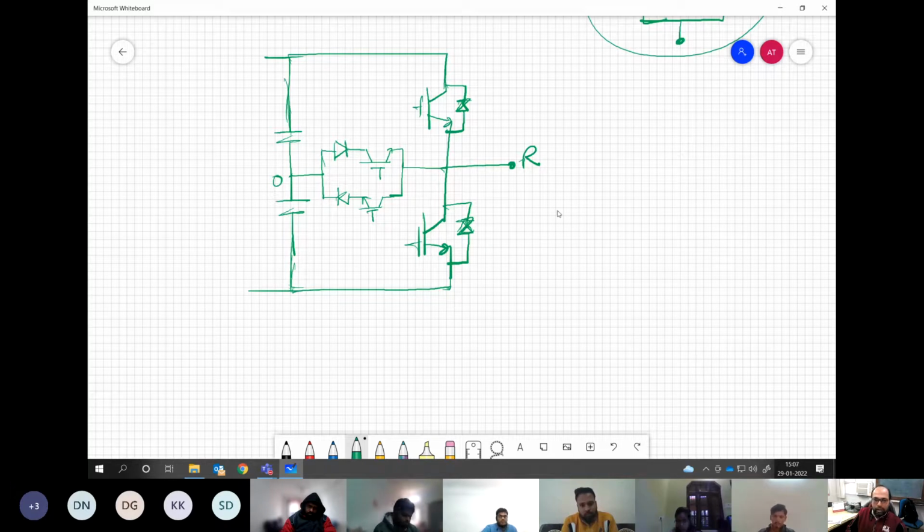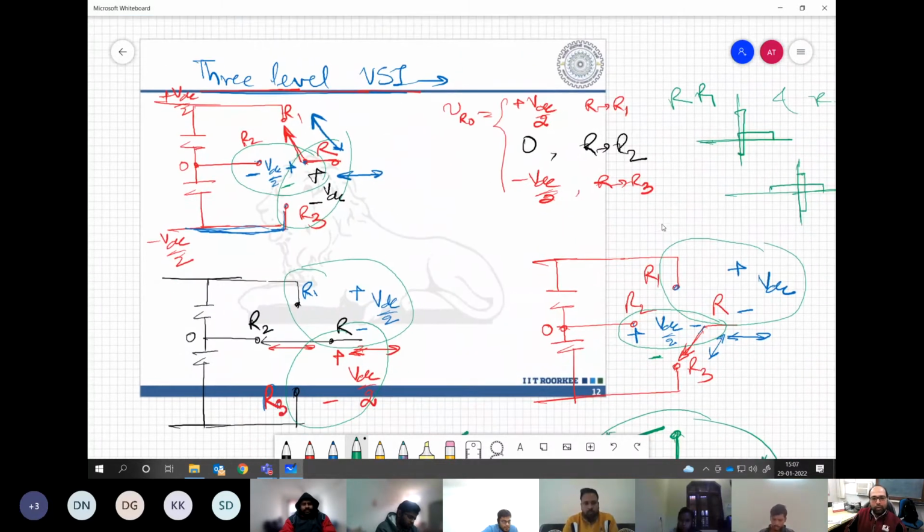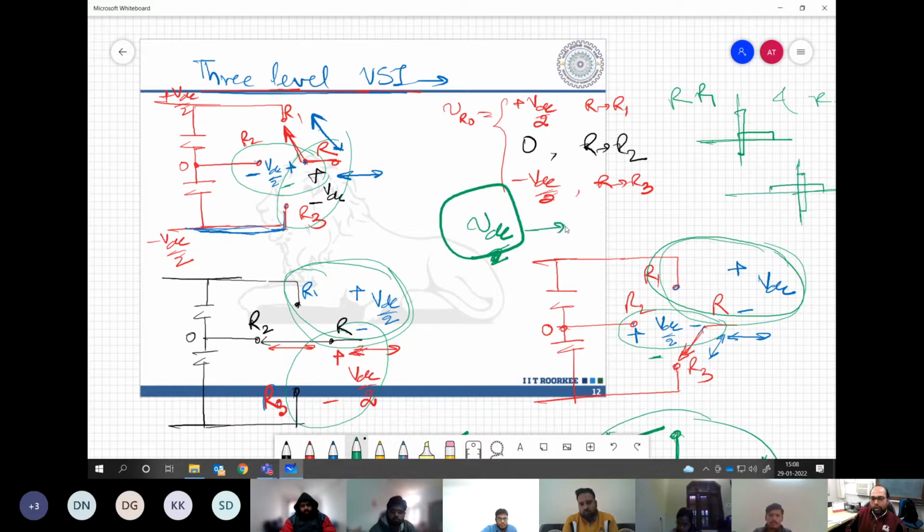No, except that if you realize from the previous voltage blocking capability, what you have drawn is that R1, if you see, this is blocking something like either plus VDC by 2 or plus VDC. So maximum voltage blocking capability for R1 is VDC. What is required from R1 is that it should block VDC voltage, maximum.